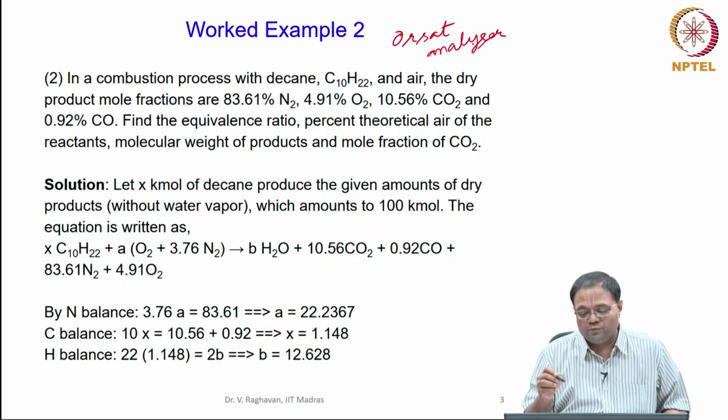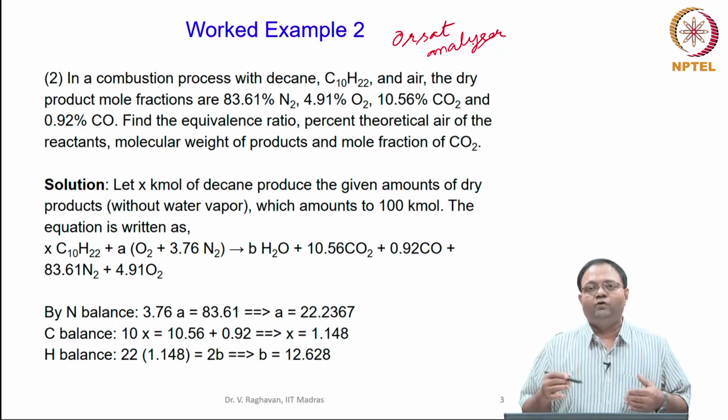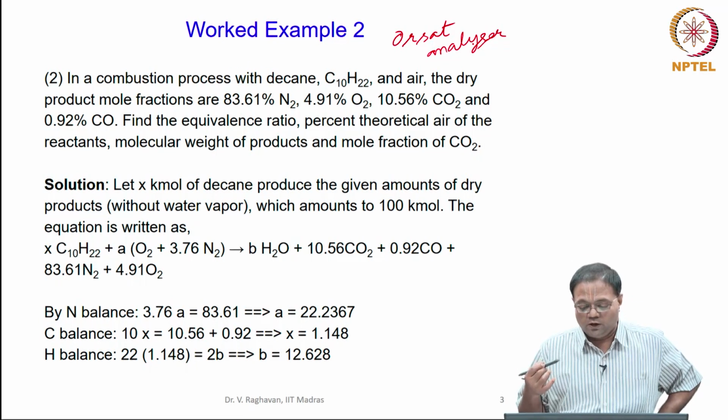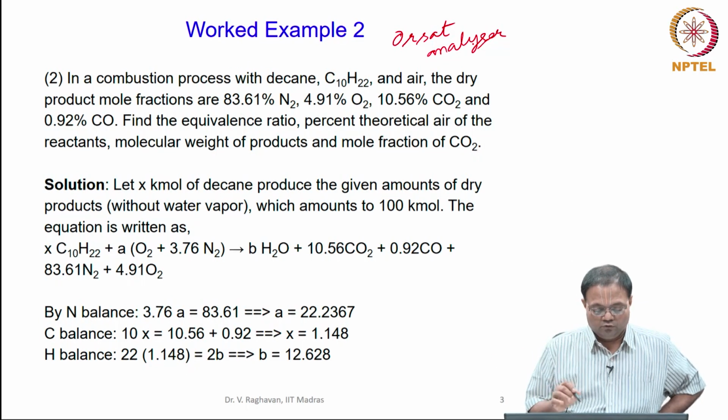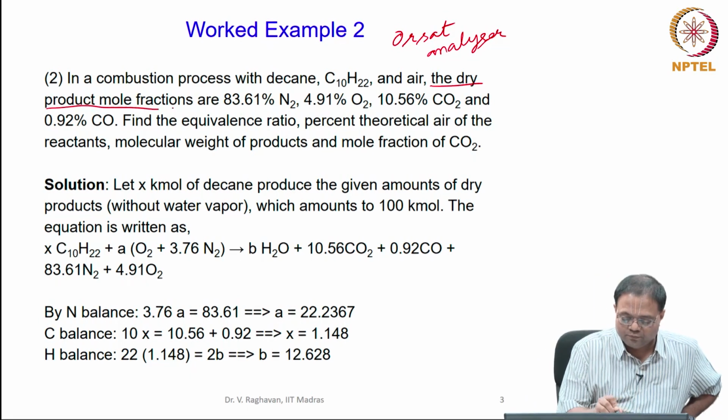Normally, when you let the exhaust gas into this Orsat analyzer, first of all you filter out the water vapor. So, condense the water and filter out the liquid water, then the other gases are fed. That means you are measuring only the dry mole fractions.